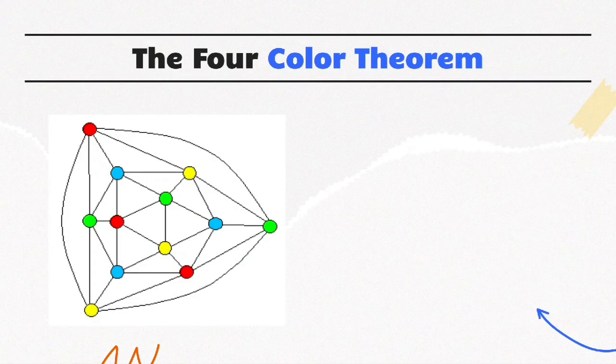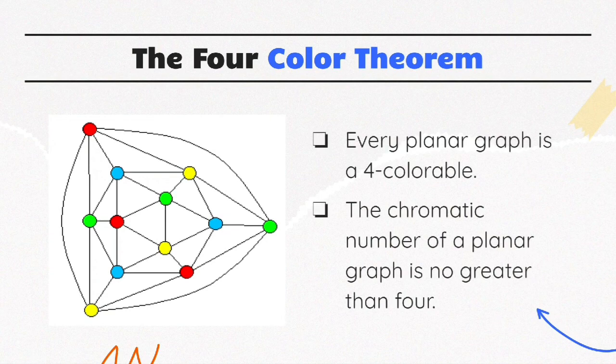How about the 4-color theorem? As you can see, this planar graph is 4-colorable: the red, the blue, the green, and the yellow.